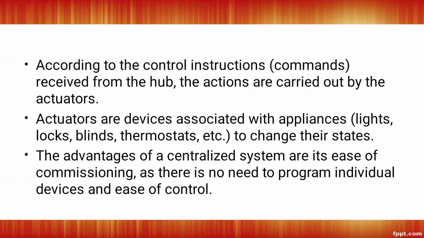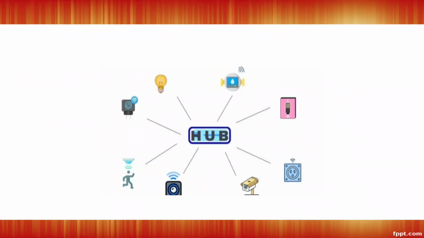Actuators are devices associated with appliances to change their state. The advantages of a centralized system are its ease of commissioning, as there is no need to program individual devices, and ease of control. That is, we have a hub, and all the devices are connected to that hub.